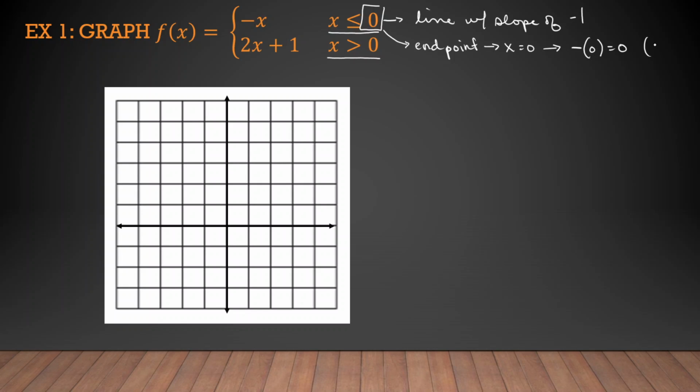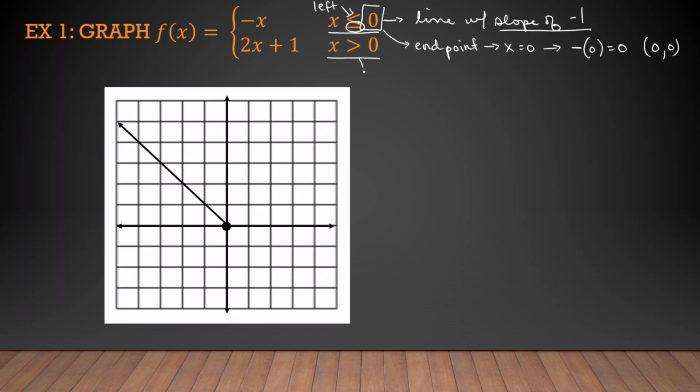So I'm going to plot a point at (0, 0). I plot a dot because it can equal it. Then I do the slope of -1, and the less than means to the left. So it's going to be a line that looks like that. But I only take the part of the line that's to the left, so it ends up looking more like a ray, as was defined in geometry class.